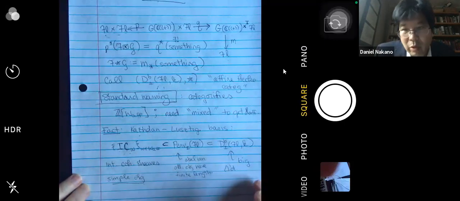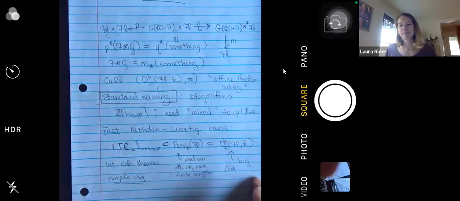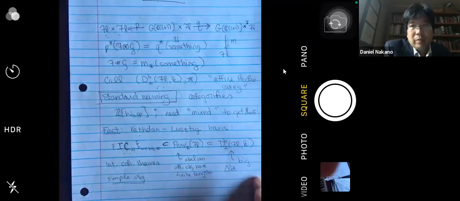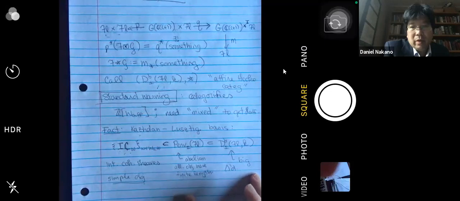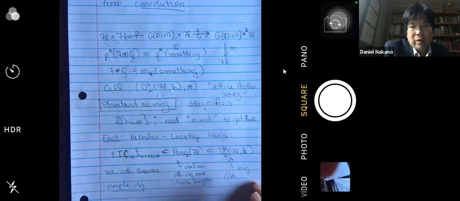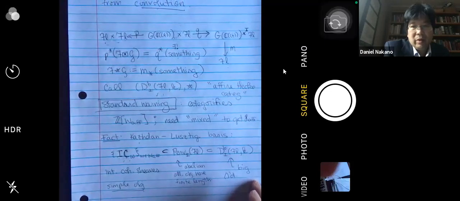Yeah, I have a question, Laura. So this convolution product, it need not be commutative, is that right? That's right. Exactly. And so you have an example of a monoidal tensor category, which is triangulated. Do you know anything about the ideal structure in this category?